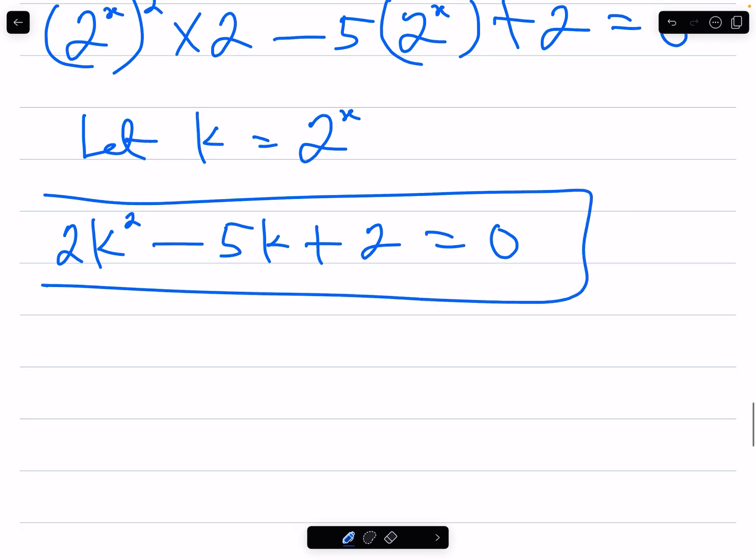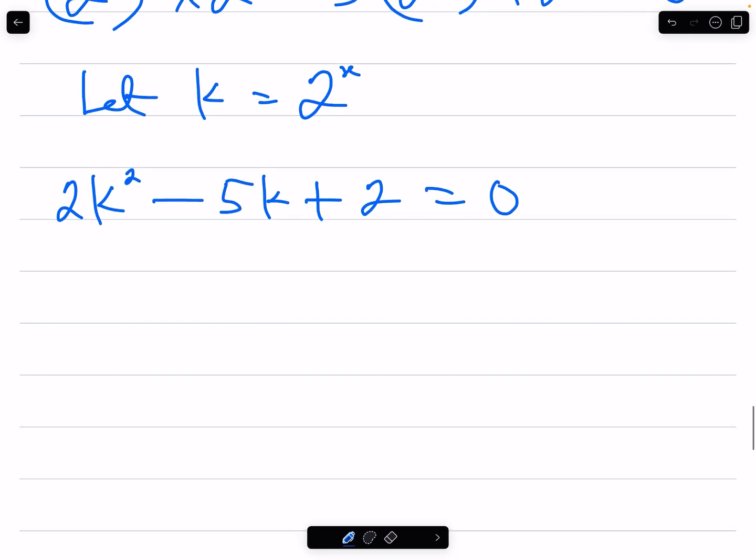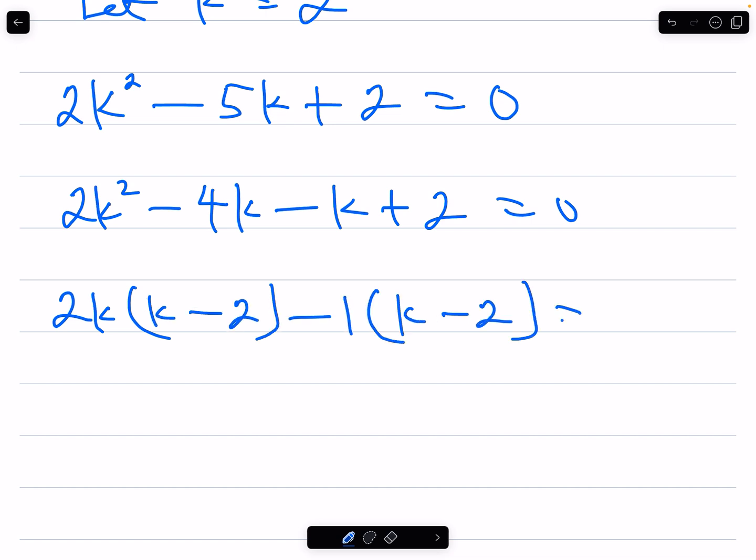It is clearly a quadratic equation, which we can solve by the factorization method. That's the same as 2k squared minus 4k minus k plus 2 equals 0, which means 2k into brackets k minus 2, minus 1 into brackets k minus 2, equals 0.